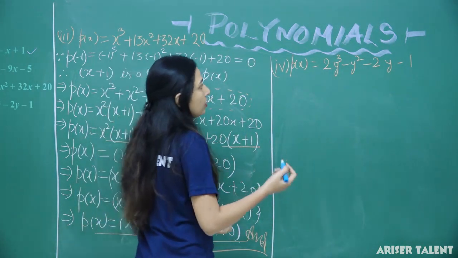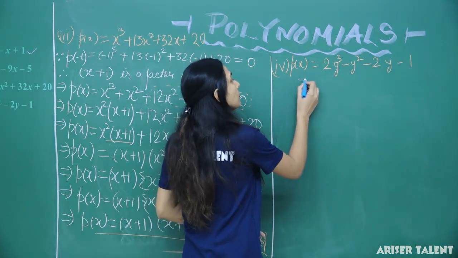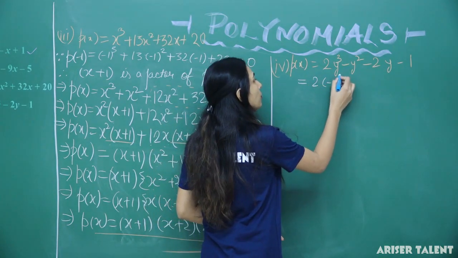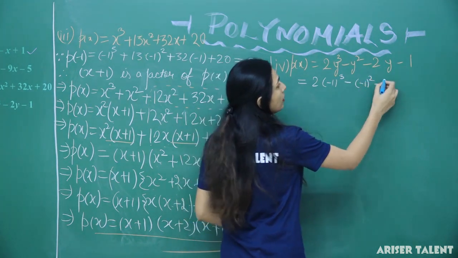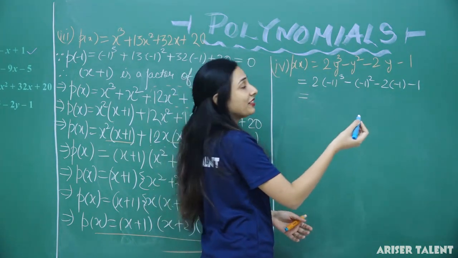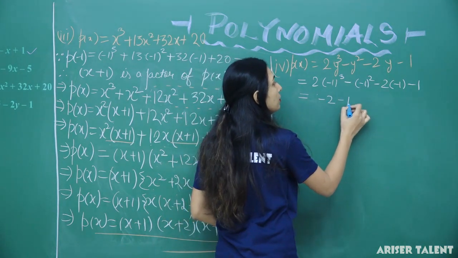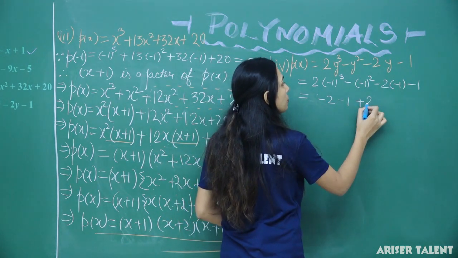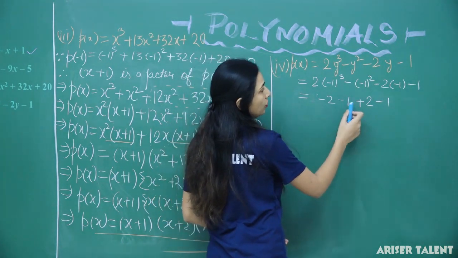So it is not working, 0 is not working, we will take minus 1. So 2 minus 1 cube minus 1 square minus 2 minus 1 minus 1, how many minus are there? So minus 2 here and that will be minus 1, minus minus plus 2 and minus 1.